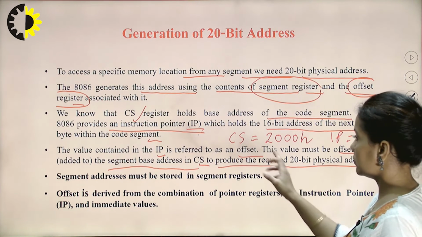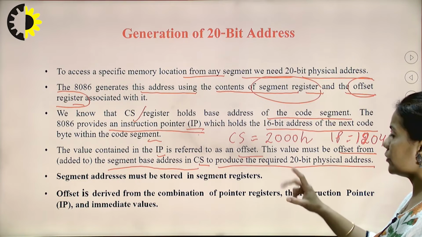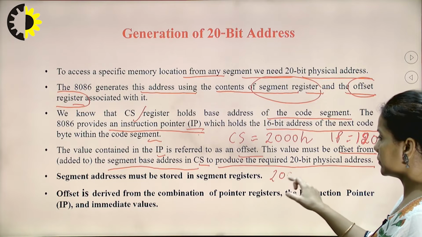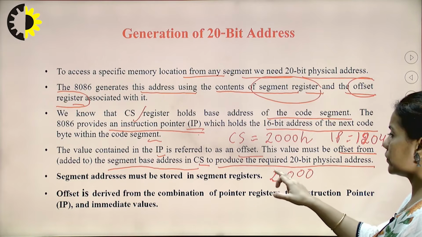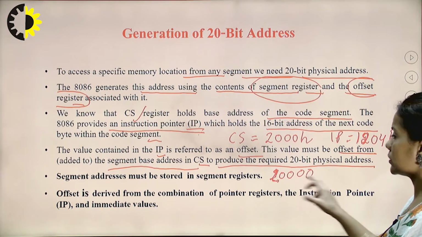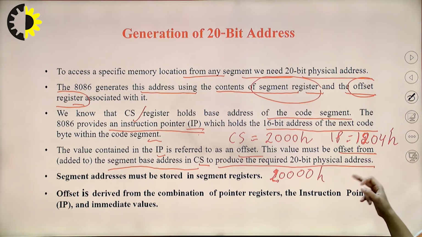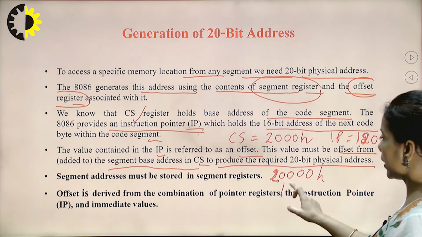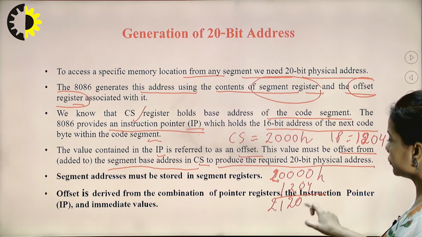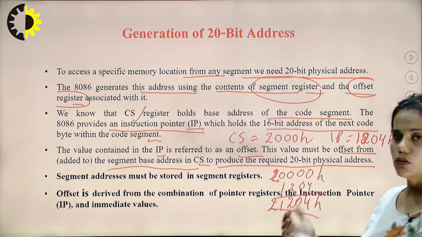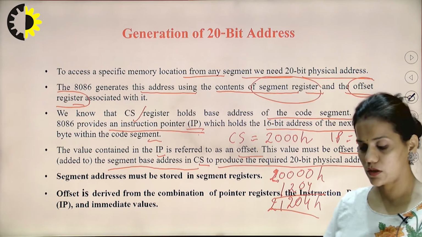We will shift the contents of the code segment register by 4 bits, that is, we will make it a 5 digit content. So, we make the 20 bit contents, 20000H. Now we will add the value of IP to this. Adding 1204, it gives 21204. In this way we are able to formulate the 20 bit physical address using the 16 bit address registers.